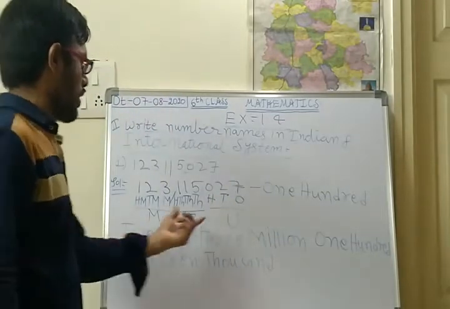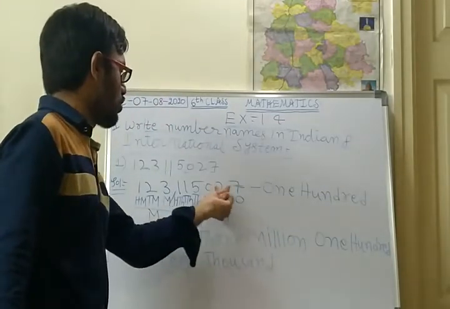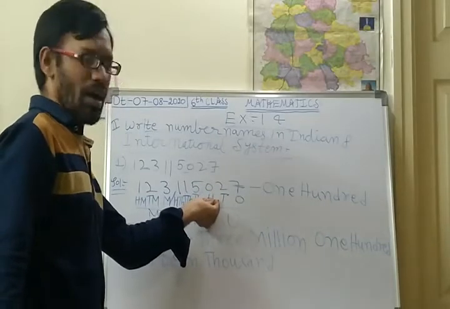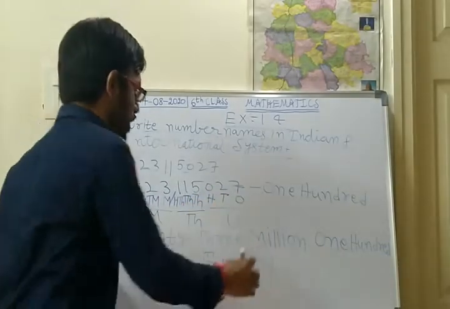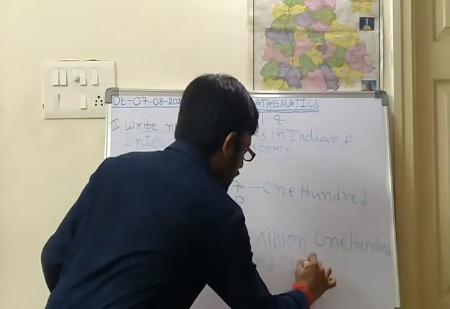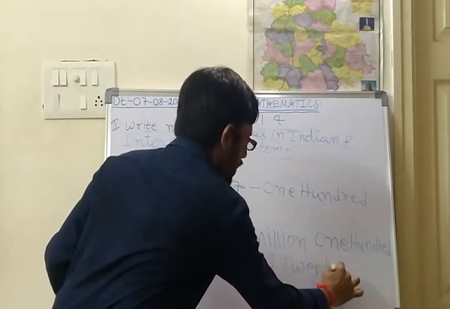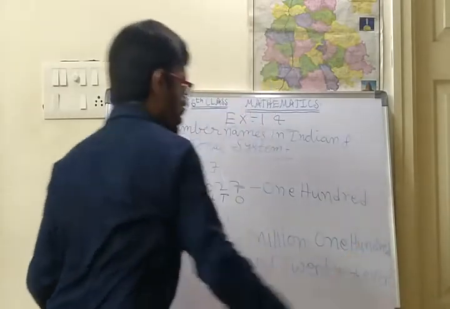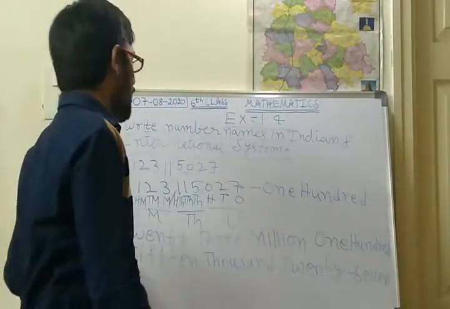Next units. So 0 to 7. 0 is in hundreds place, so skip this 100. So next, what is it? 27. So 27. Okay. So like this you have to write the number name in the international system.